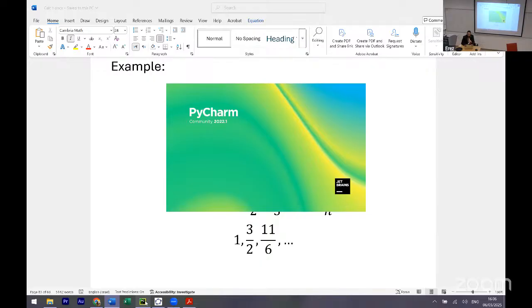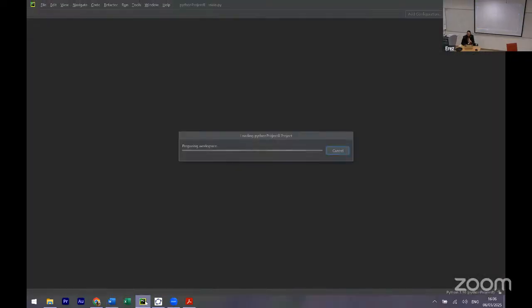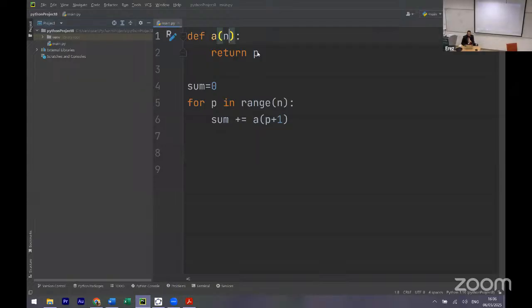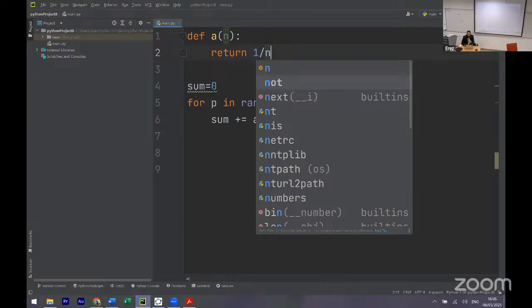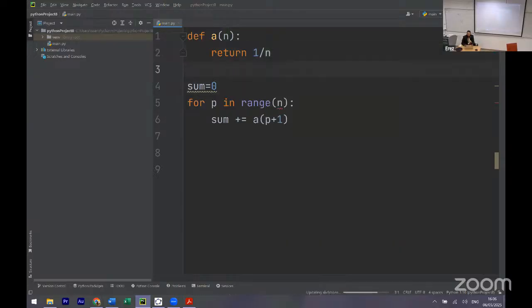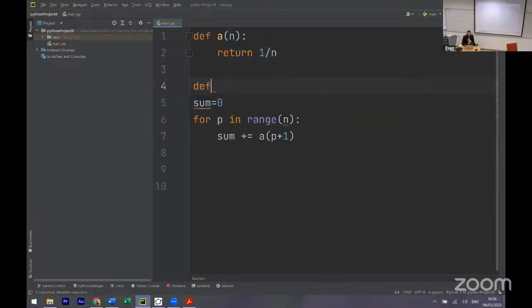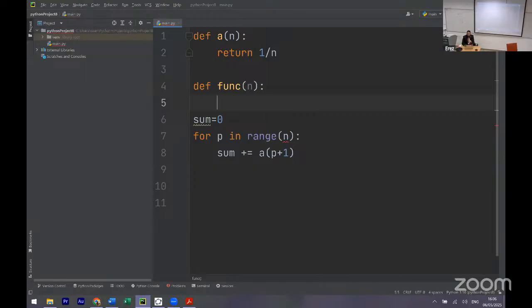So A of n would return 1 over n. Definition of func n will do that.